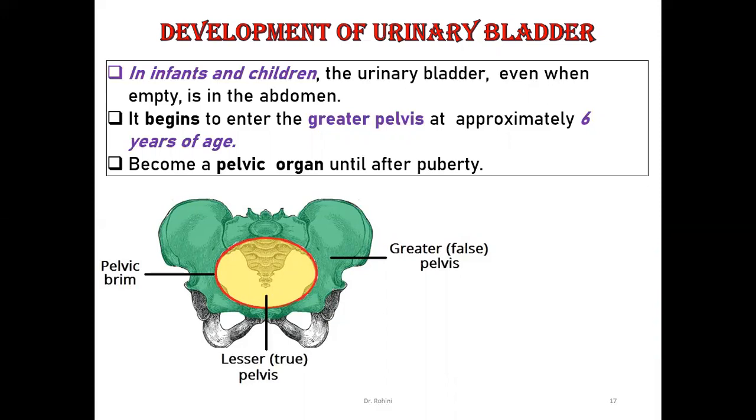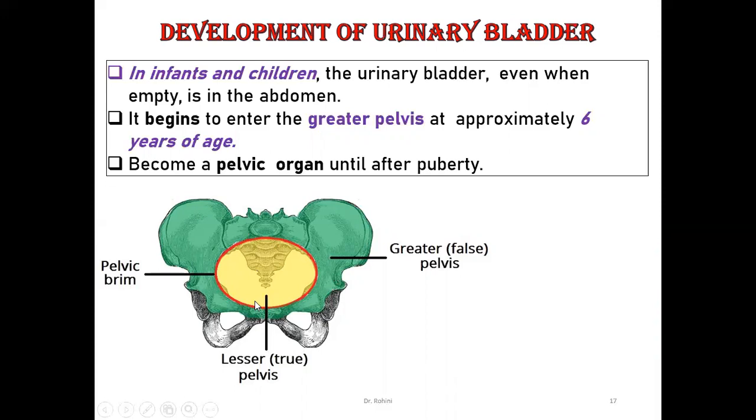In children less than 6 years of age, you have to remember that you can reach just above the pubic symphysis and puncture the bladder, because it has not gone completely below the pelvic brim up to 6 years of age. Only after puberty does it become a pelvic organ, meaning in the lesser pelvis, or true pelvis, below the pelvic brim.